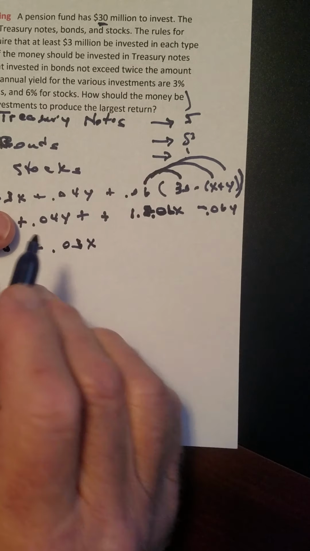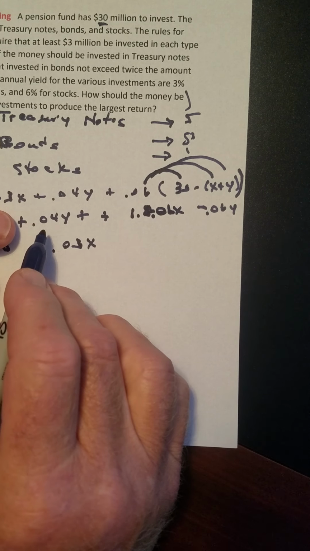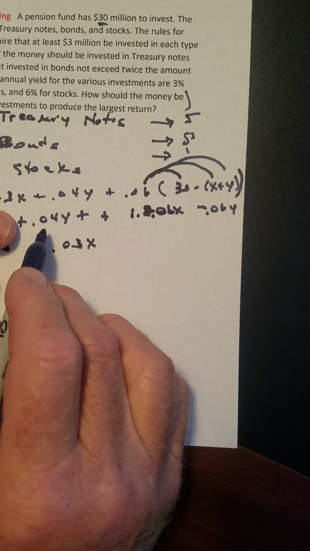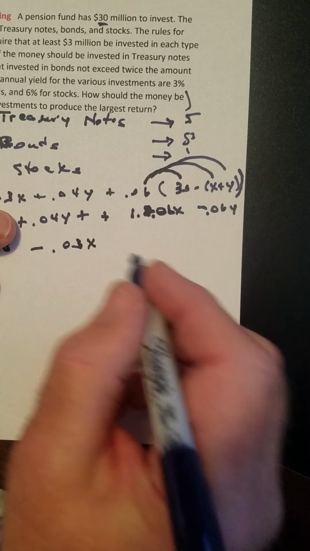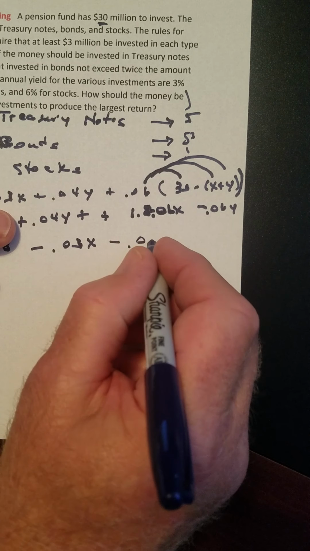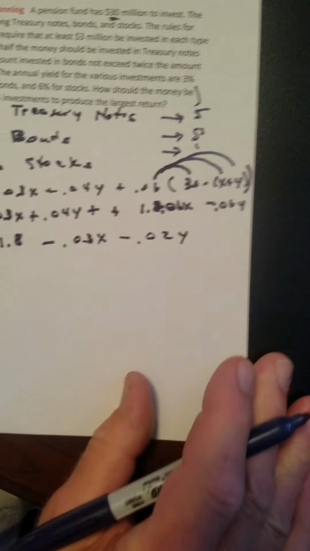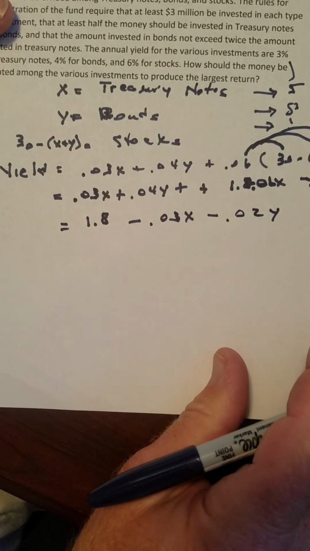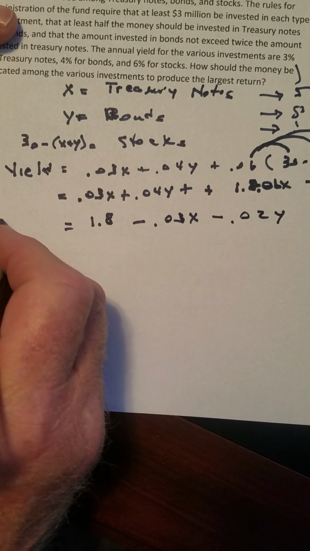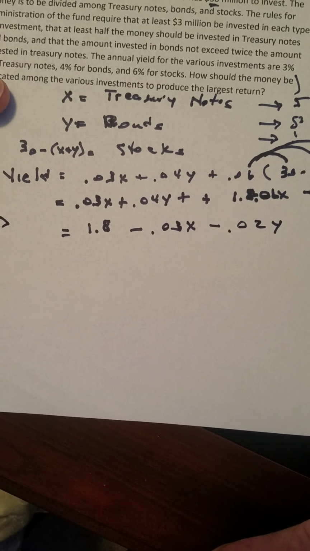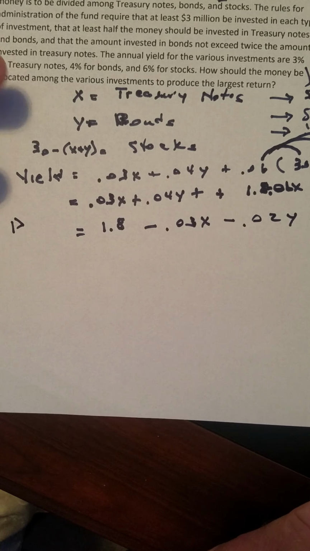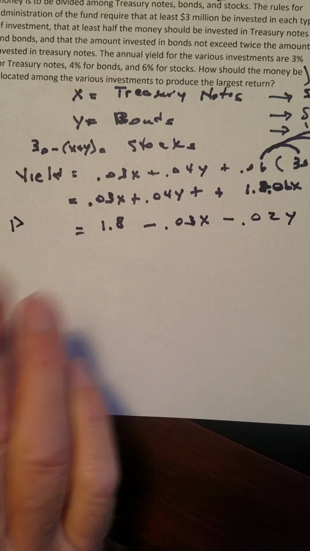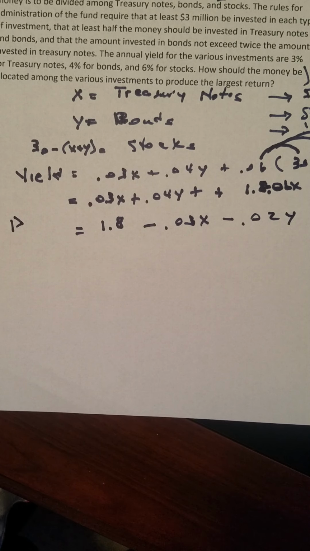And for the y's, I got 0.04 minus 0.06, that's going to be minus 0.02y. So think of that as your profit function if you need to, your yield or whatever. I did that one to get it out of the way, it's the hardest one.